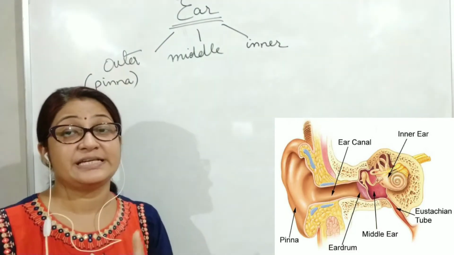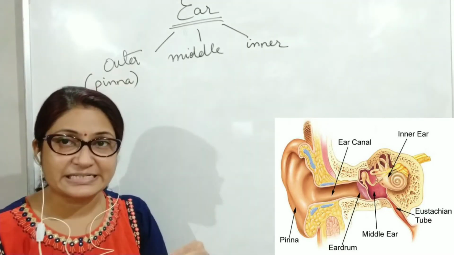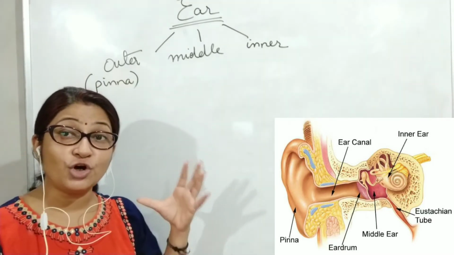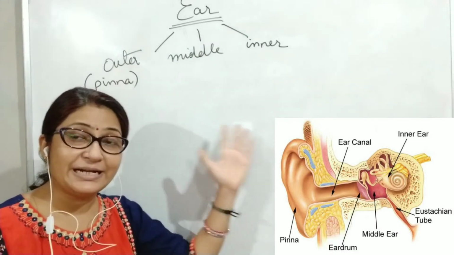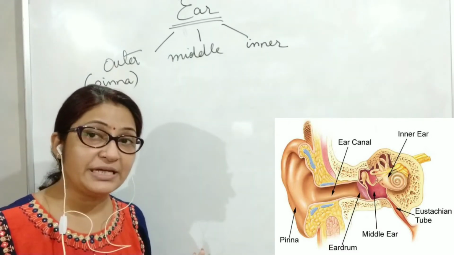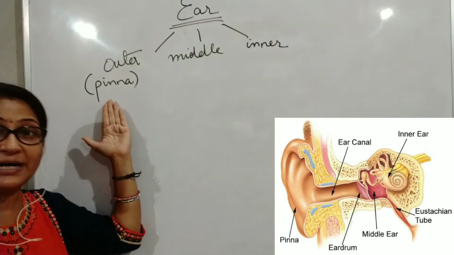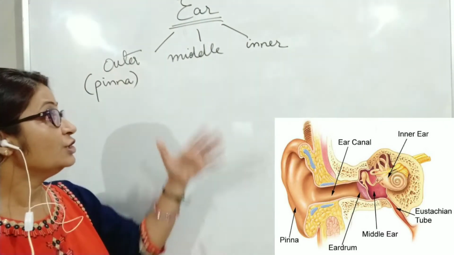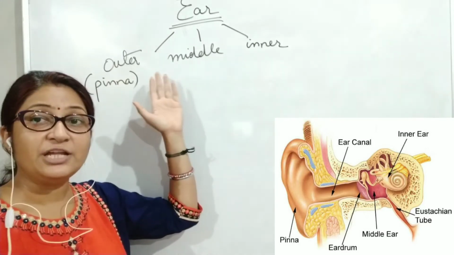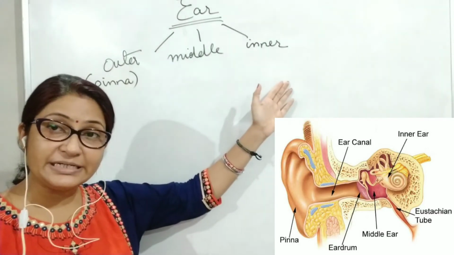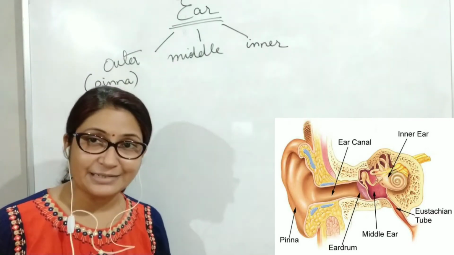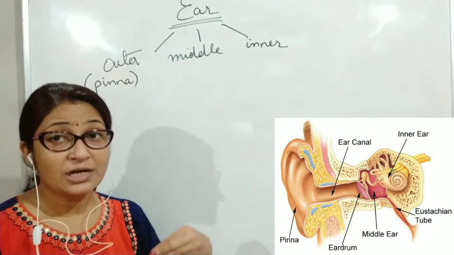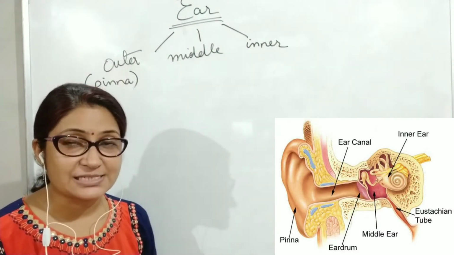But all these things happen within seconds, within nanoseconds, so you cannot identify separately what is happening: how the sound was received by the pinna, how the pinna transmitted that sound wave to the middle ear, how it reached the inner ear through the middle ear, and how the brain interpreted it so that we are able to understand or identify the sound.